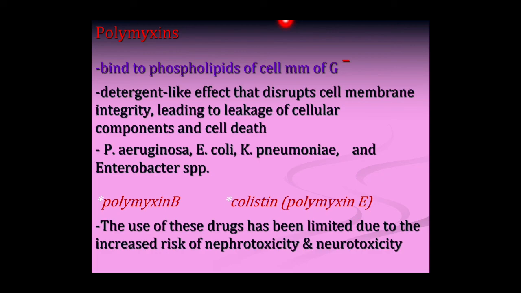It's effective against Pseudomonas aeruginosa, E. coli, Klebsiella, and Enterobacter species. It includes polymyxin B and colistin, polymyxin E. The use of these drugs has been limited due to the increased risk of nephrotoxicity and neurotoxicity.